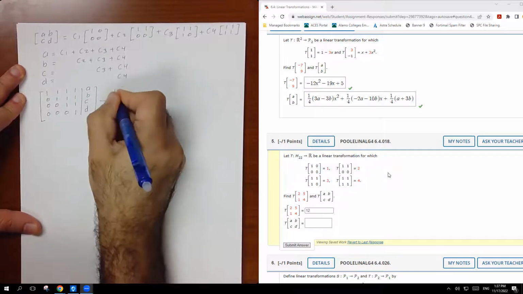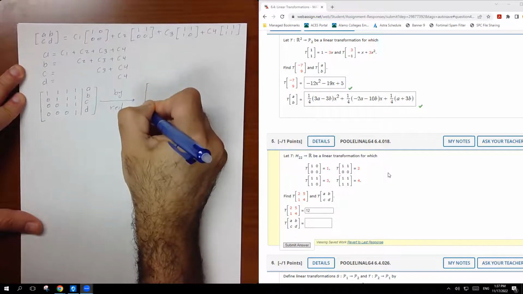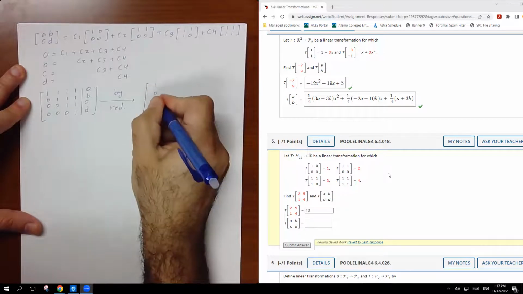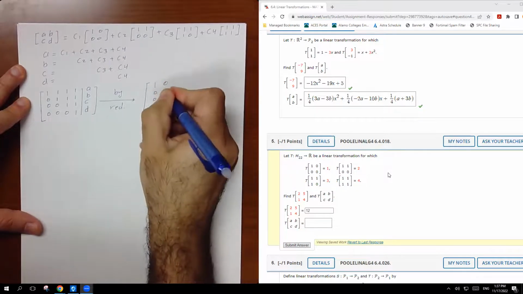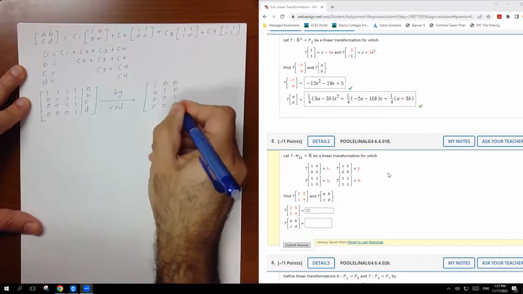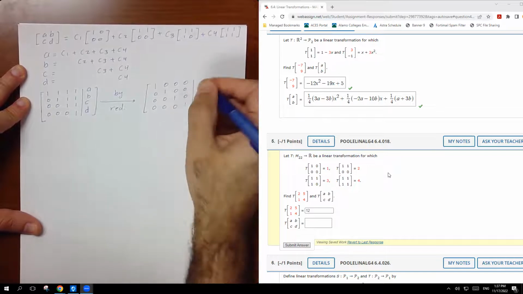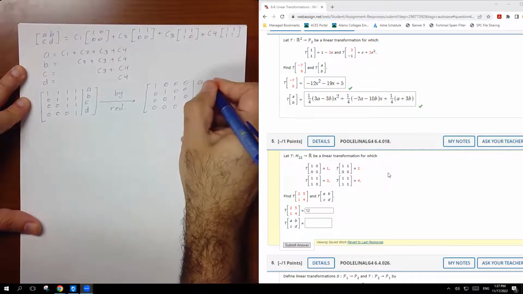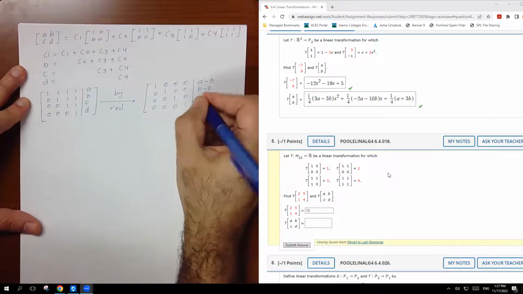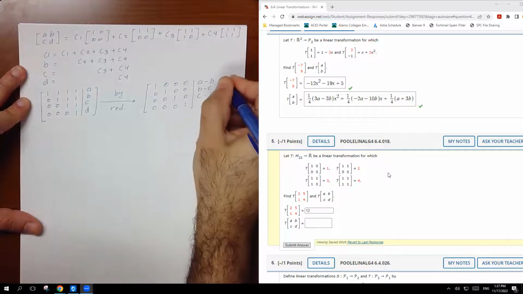By reduction, here is the identity matrix. And here is going to be A minus B, B minus C, and C minus D, and just D by itself.